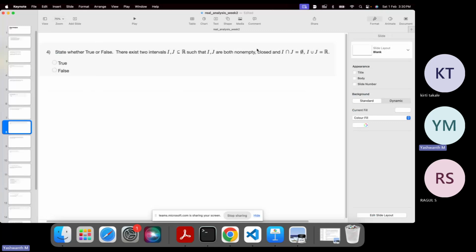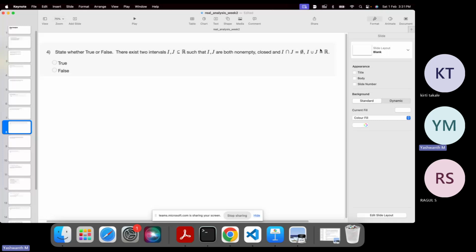I and J are closed, and the intersection of I and J is empty, but I union J is R. Is this true? Can it happen?